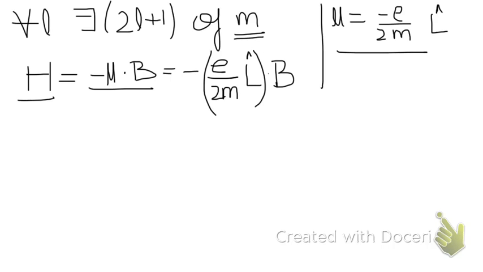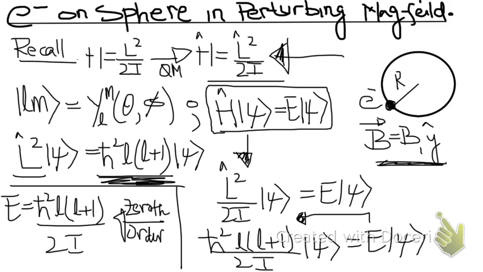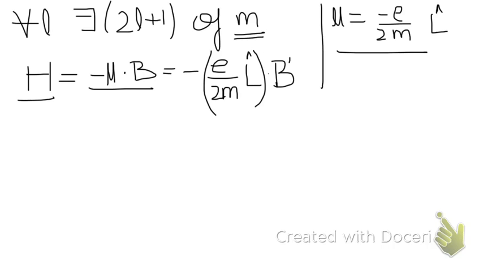So now B, or I'll just write it as B prime, as it's my perturbation. But then the problem was, as you can see here, that this B prime is B1 in the y direction. So, let's substitute for B, first let me write over here that my B prime is my B1 y hat.